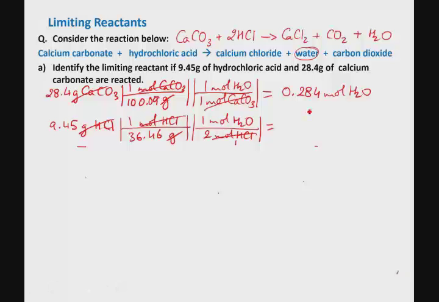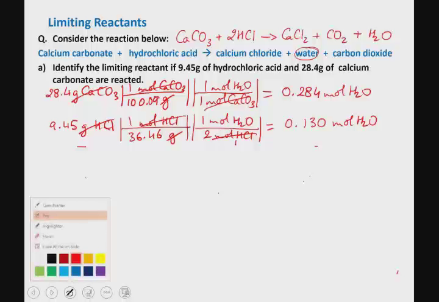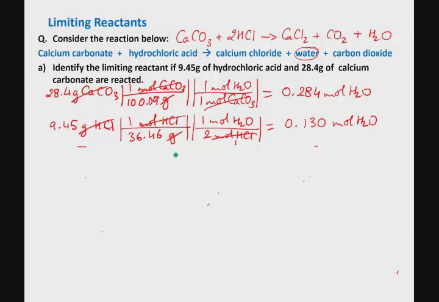Calculated answer rounded to three significant figures gives us 0.130 moles of H2O. Based on these numbers, we can say that the limiting reactant in this case is HCl.